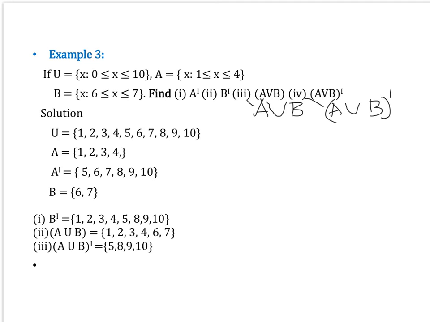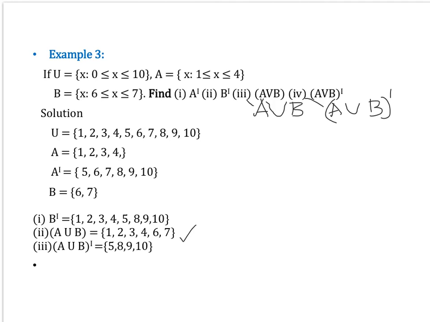A union B is when you put together all the elements in A and all the elements in B. You have {1, 2, 3, 4, 6, 7}. So A union B is this, {1, 2, 3, 4, 6, 7}.